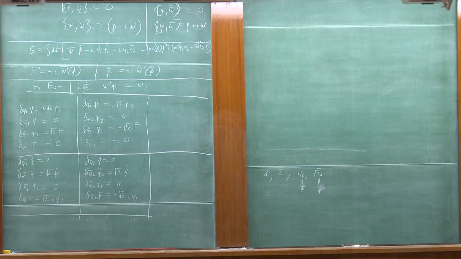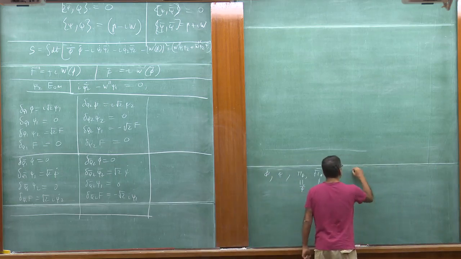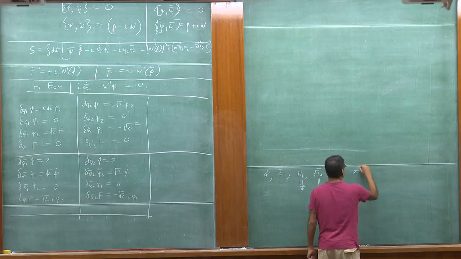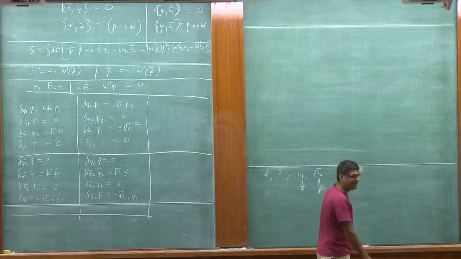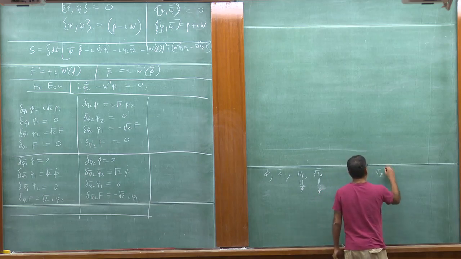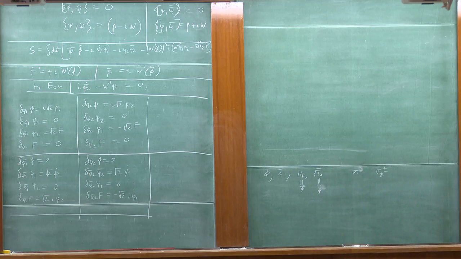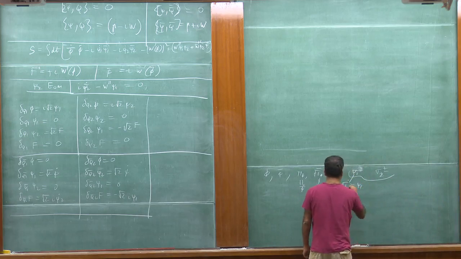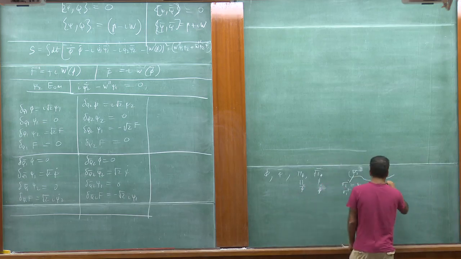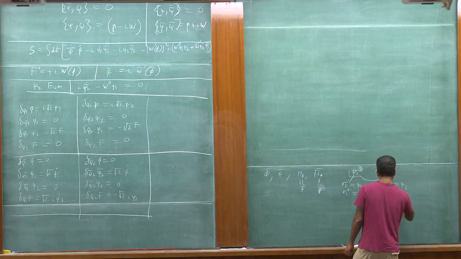The fermionic operators are generated by, let's call them sigma 1 plus minus. I mean, the fermionic Hilbert space is a 4-dimensional Hilbert space, and the operators that generate the Hilbert space are sigma 1 plus minus and sigma 2 plus minus, where the dictionary is, at least for now, sigma 1 minus is equal to psi 1, sigma 1 plus is equal to psi 1 bar, sigma 2 minus is equal to psi 2, and sigma 2 plus is equal to psi 2 bar.